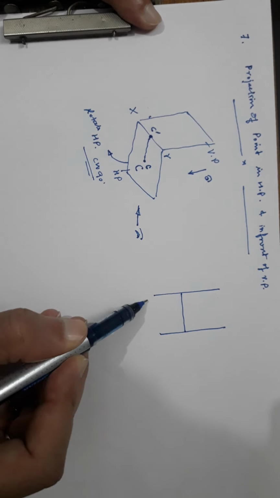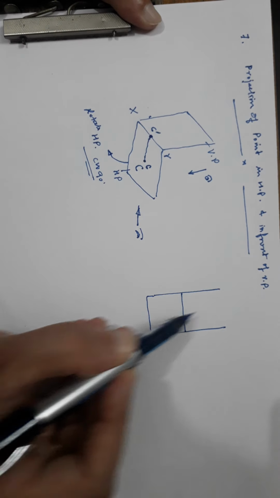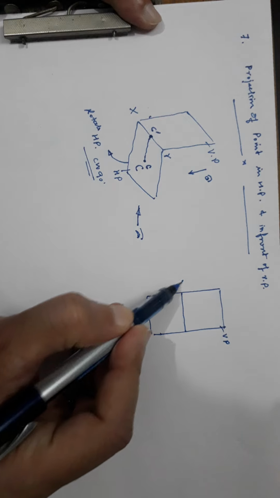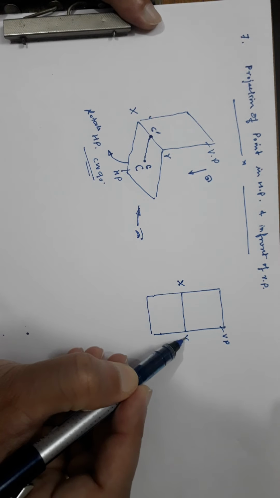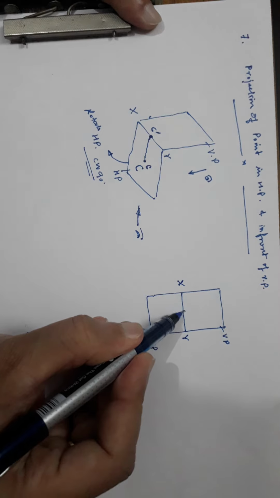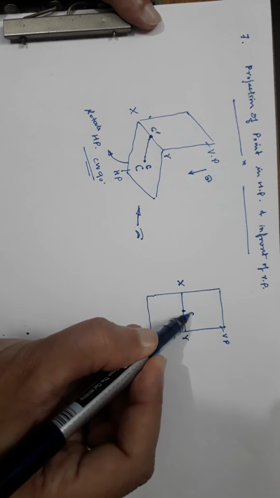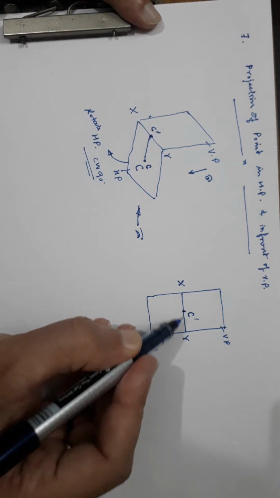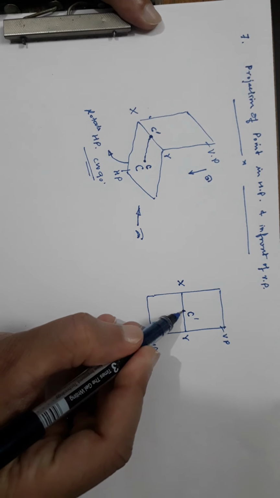So these will be your two dimensions. This is the vertical plane, this is the XY line, this is the horizontal plane. Now C dash is on the XY line, and C will be below XY when you rotate it. So C will be somewhere here.